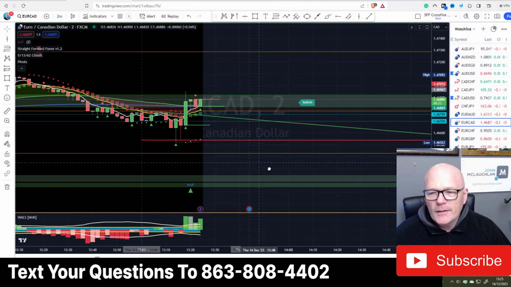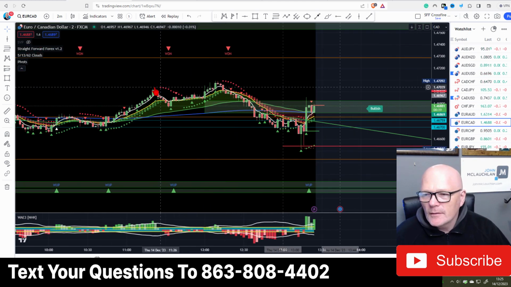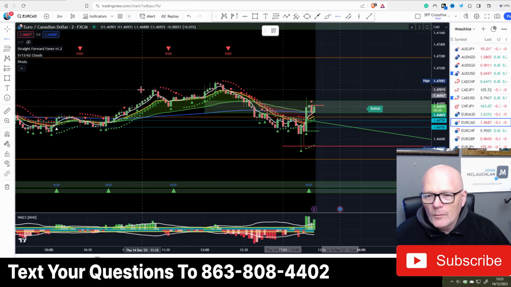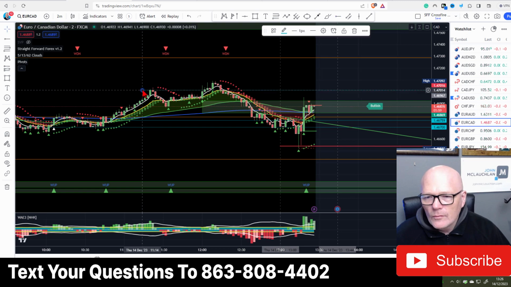So if we look at this, our next point of interest would be somewhere around, I would say conservatively, about here. And again, the way you put these on, I'm looking at these two candles here, because that's the top of their body.